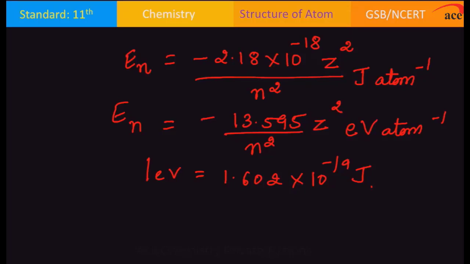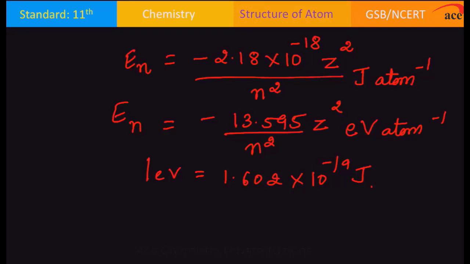But if the energy is negative, it means that much energy has been released and the given electron is quite stable. Please learn by heart the value in joule per atom and the value in electron volt. Normally they ask the values of energy in electron volt.